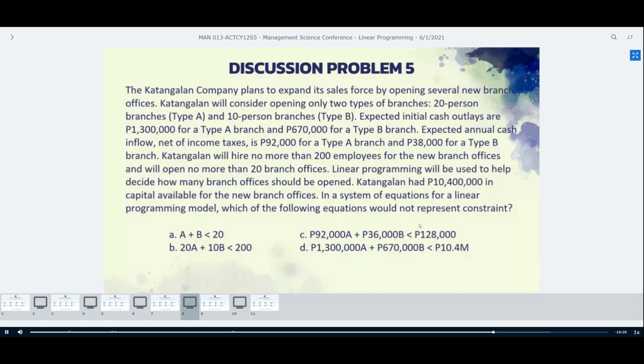Constraints ang pinag-uusapan dyan ha. So, tingnan mo na agad yung ano daw yung constraints na meron tayo. At tandaan na, ang requirement is not. So, ibig sabihin, tatlo dyan is part of the constraint.